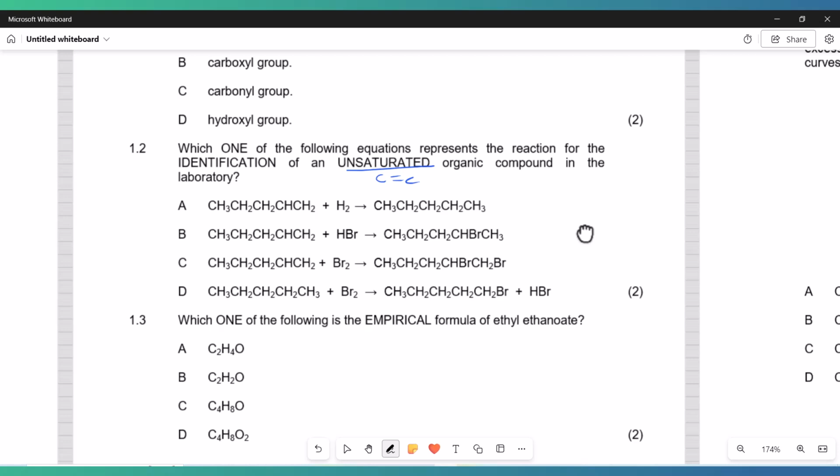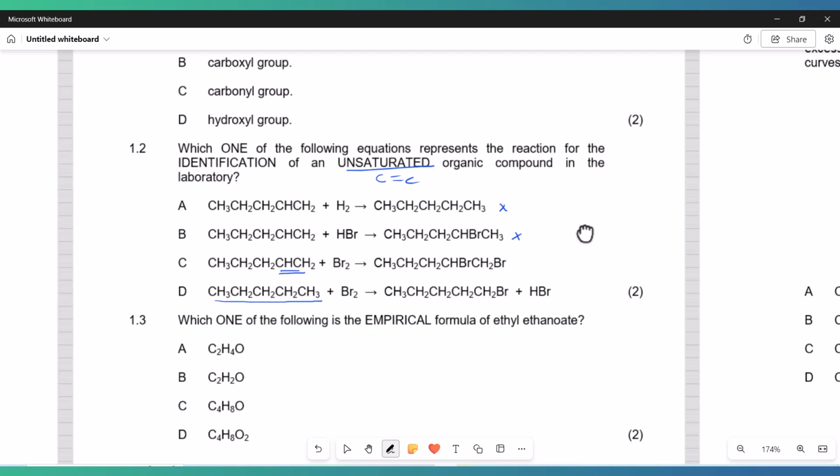If you check here, they're adding hydrogen, so that's not correct because we are adding bromine. Here they're adding HBr, it's not correct because it must be bromine. Here they're adding bromine, and as you can see, this is an alkene. What about here? They're also adding bromine, but these are alkanes, only single bonds.